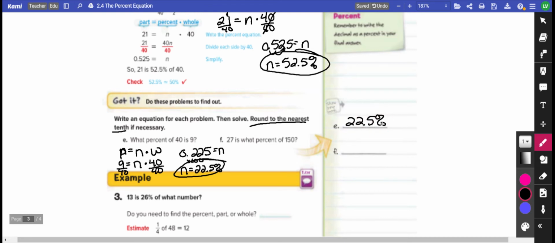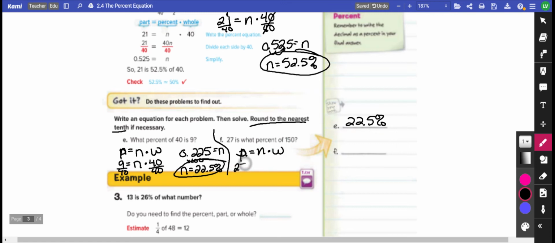All right, letter F. 27 is what percent of 50? Oh, I'm sorry, of 150. So part equals percent times the whole.